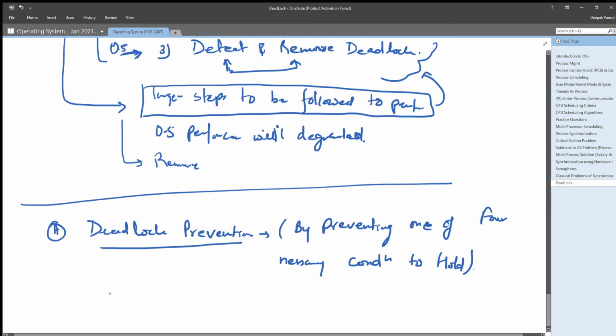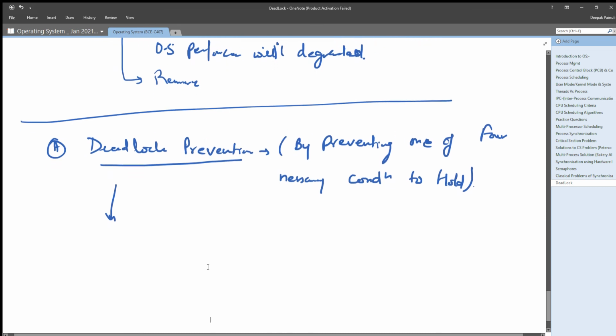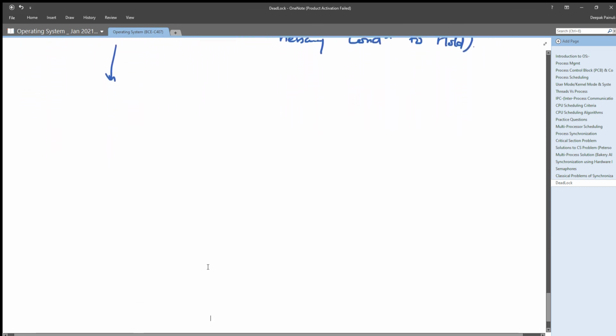Now let us understand how we can prevent each condition out of those four.